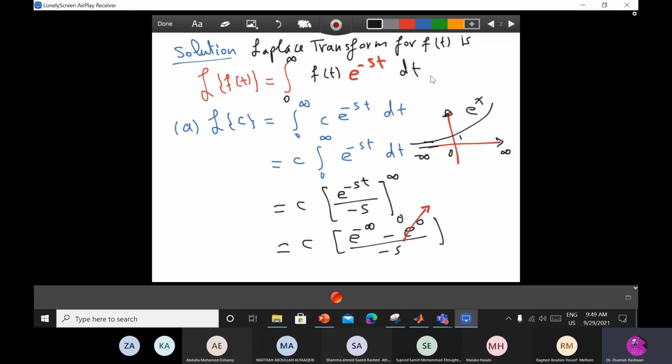This is why the x-axis is the horizontal asymptote for my function e to the x. Okay, so this will be 0. So you end up with c, e to the 0 is 1, so you have 0 minus 1 over minus s. So you end up with c times 1 over s. Okay, fine. This is the first one. Let's go for the second one.